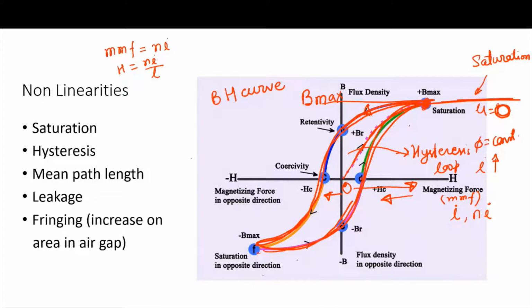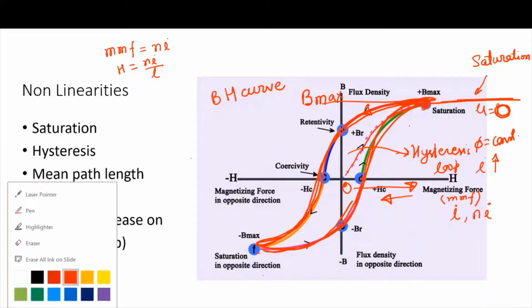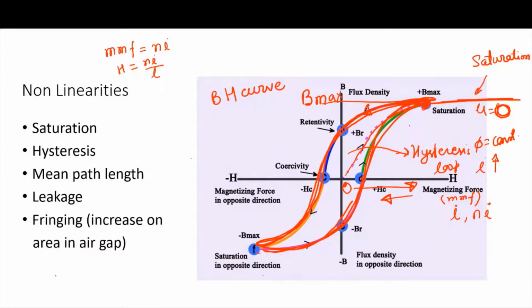It will not change according to this curve. It will follow this path. Again, this is some nonlinearity. The smaller this area, the better the core is.